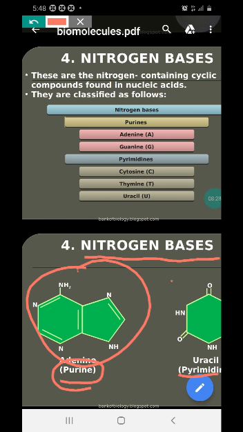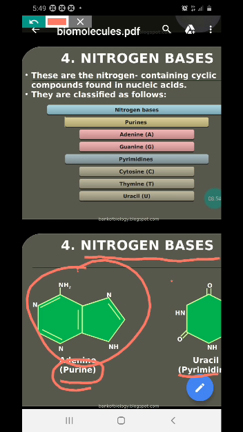Children, what are RNA and DNA made up of? They are a polymer of nucleotides. Polymer means a long chain.